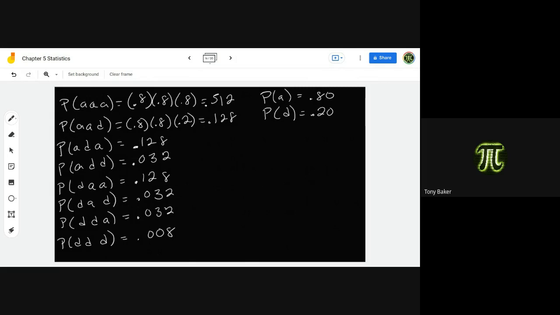So what did you get for alive, alive, dead and then alive, dead, alive? It's literally the same, because this is 0.8, 0.8, 0.2, and this one's 0.8, 0.2, 0.8. Same three numbers.